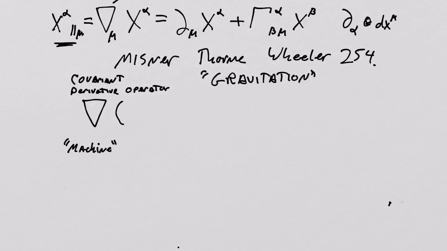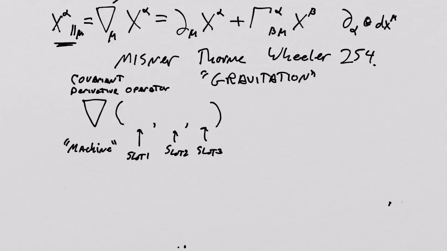And this is a machine that takes three different objects, and these are all slots, right? This will be slot 1, slot 2, and slot 3. Now this looks very much like the way we design tensors, right?